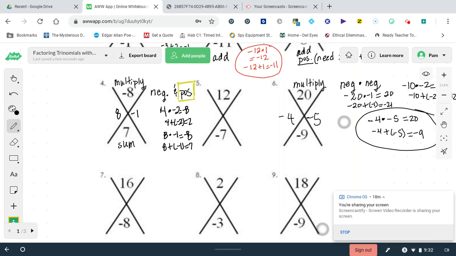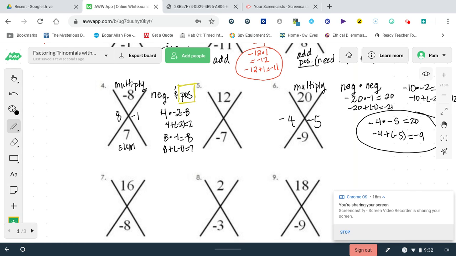Okay, on number 5, the product is positive. So since the product is positive, the only way to get a positive product is to have same signs. Now, it's either going to be a positive times a positive or a negative times a negative. Look down here. This is negative, which tells you it's going to be a negative times a negative.